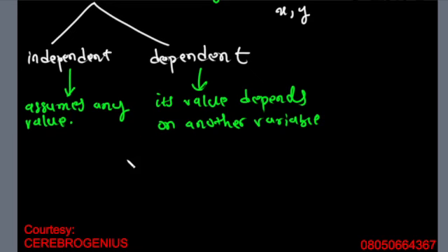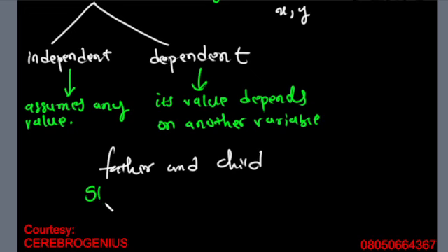Now let's consider an ideal situation of a father and child. Let's talk about the father's salary as a variable, and let's talk about the child's pocket money as another variable.